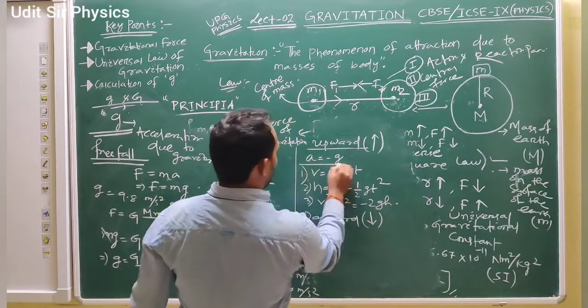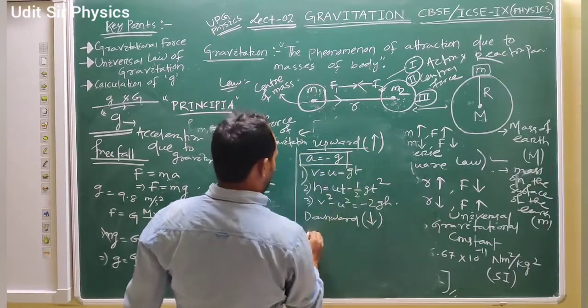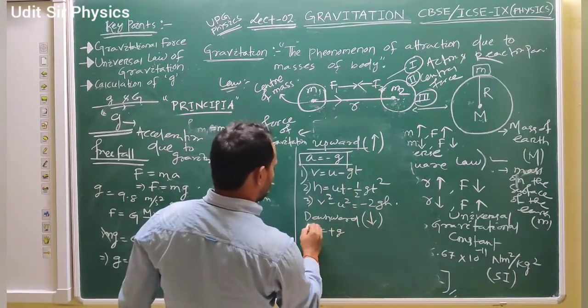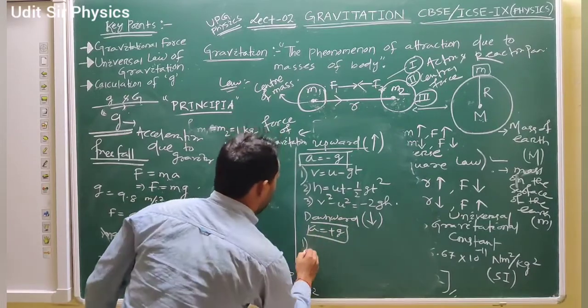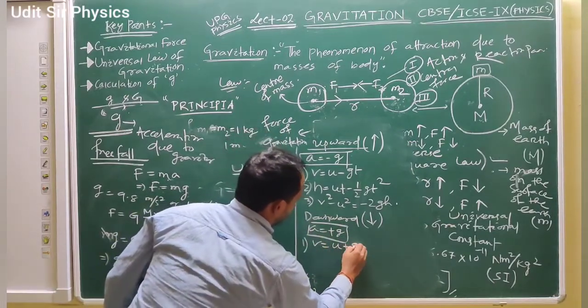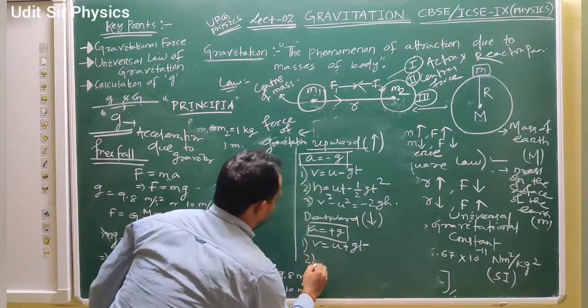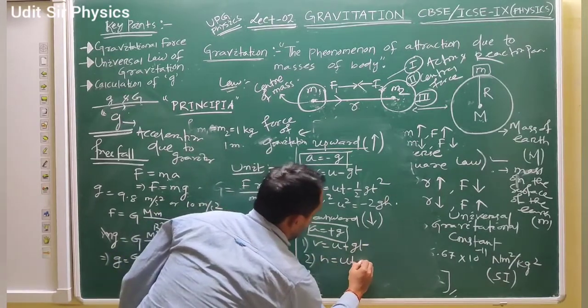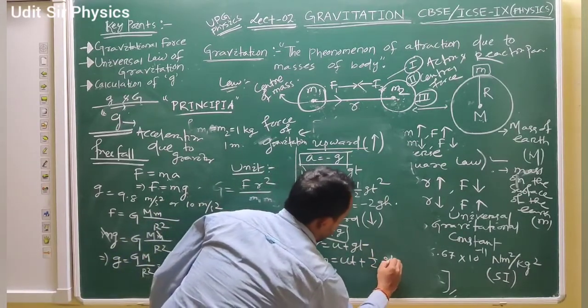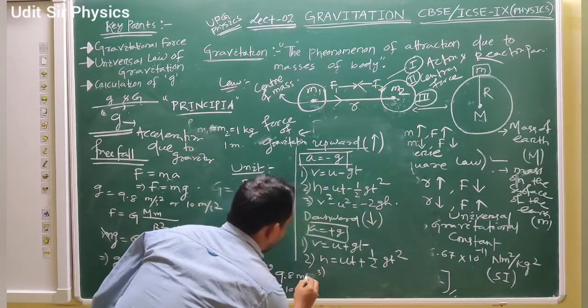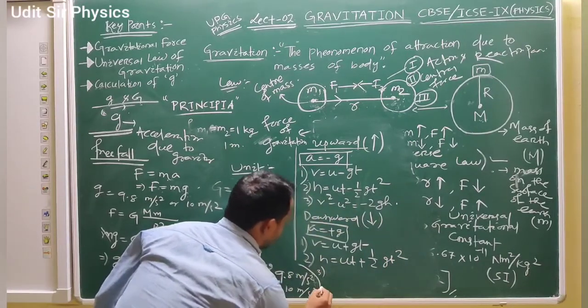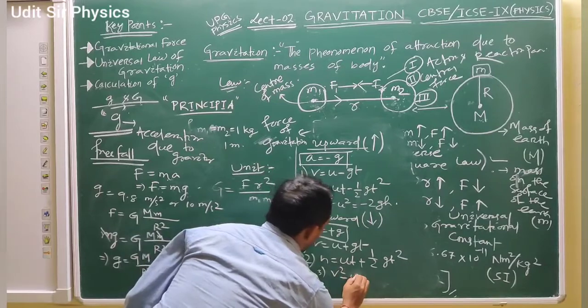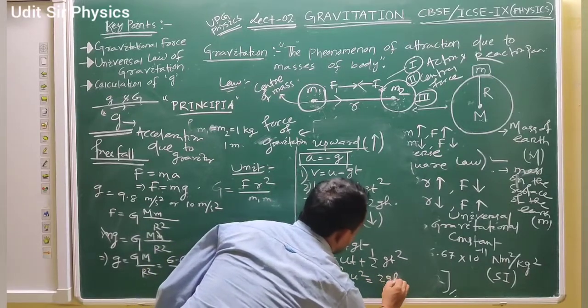And in downward direction you can consider a equal to plus g, that is v equal to u plus gt, number 2, h equal to ut plus half gt square, and number 3, v square minus u square equal to 2gh.